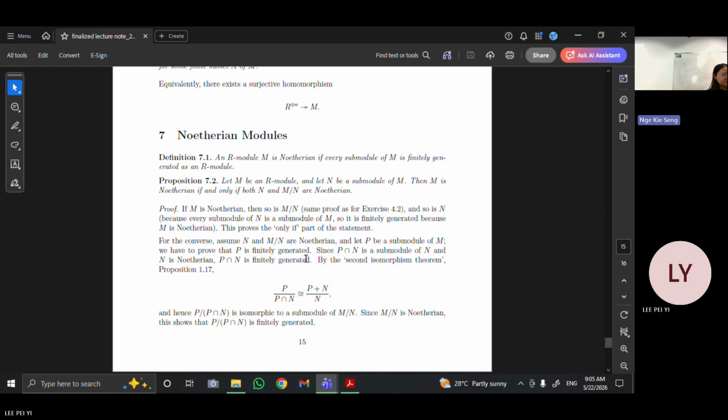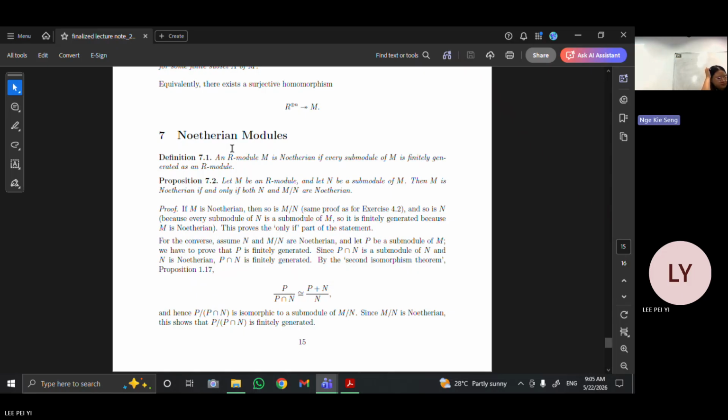And next one, the proposition. Let N be a submodule of M, then M is Noetherian if and only if both N and M mod N are Noetherian.